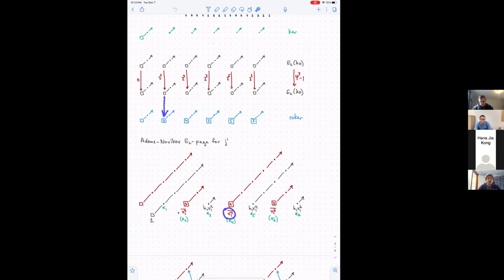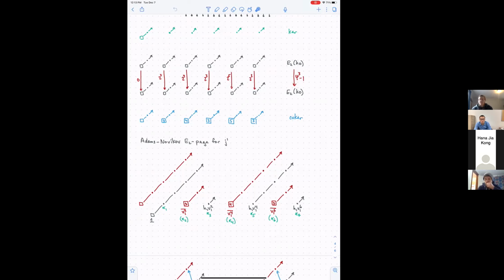And this one is called V1 to the 4th bar. It is the image of V1 to the 4th under this map to the co-kernel. So the names here are keeping track of how the kernel and the co-kernel came from little ko. I've also written a different set of names in green.